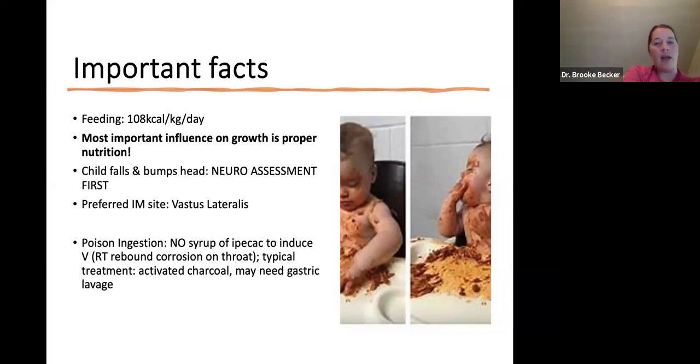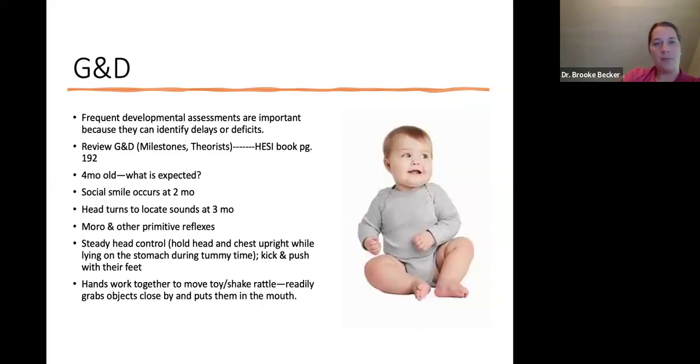You're not giving ipecac to induce vomiting, because of the rebound corrosion to the throat. Usually maybe activated charcoal, but you have to do that with a gastric lavage, so a tube to the stomach, if they've ingested something.